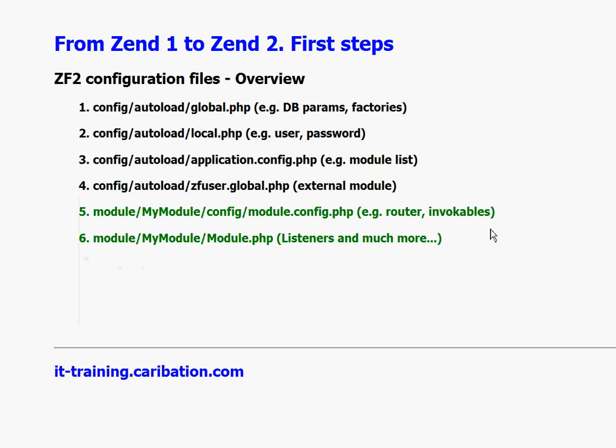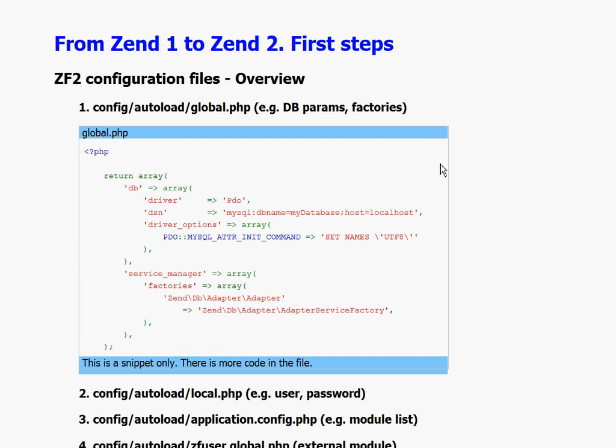The configuration in Zend 2 is done not as XML, not as variables, but as arrays. Again, let's have a look. This is how a configuration array looks in Zend 2.